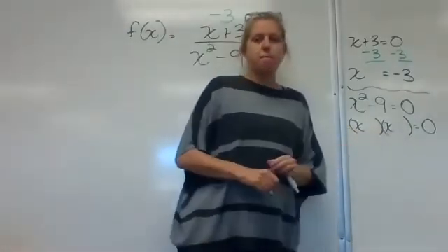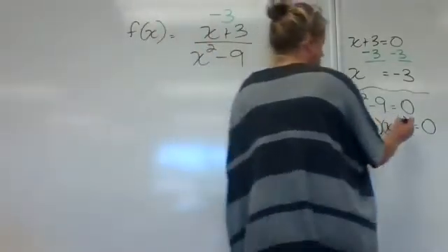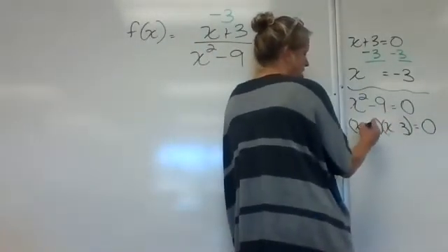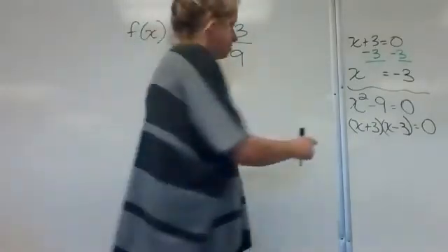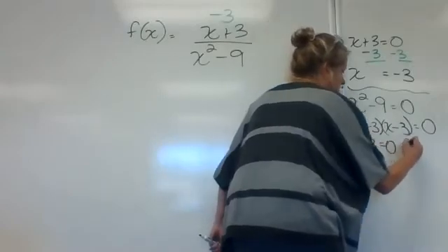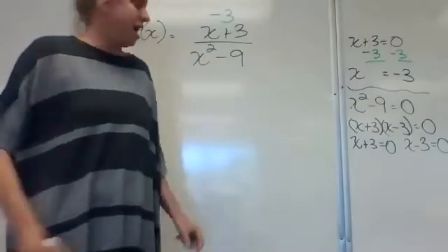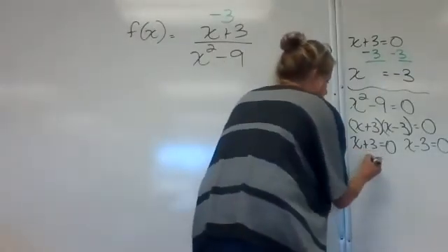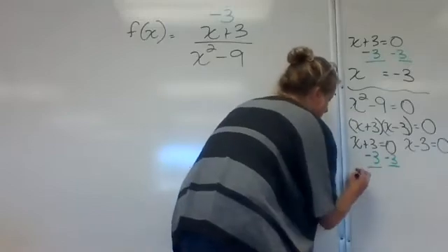It's going to be the same number, and when I multiply it together, it's going to give me 9, which would be 3 and 3, 1 plus and 1 minus. Set each factor equal to 0 and solve them for x. So this one, I'd have to subtract the 3 from both sides. So x equals -3.